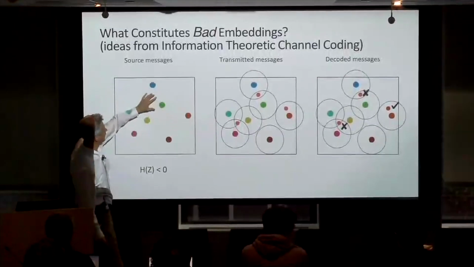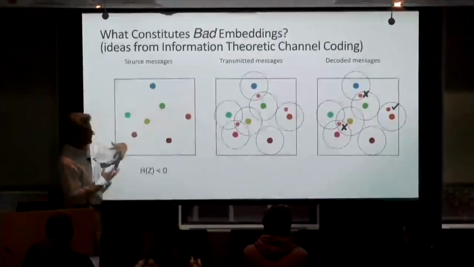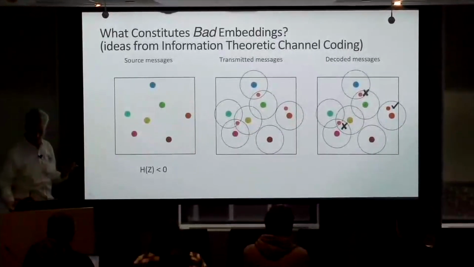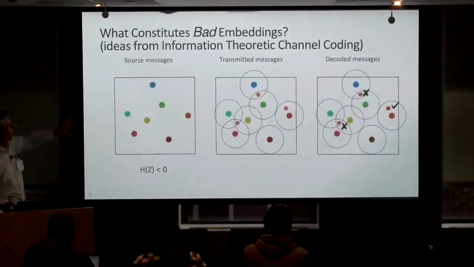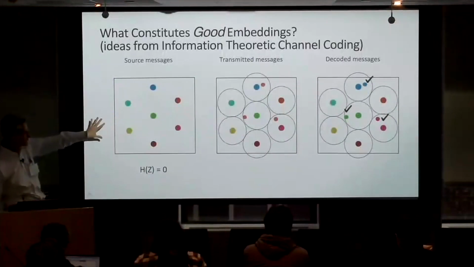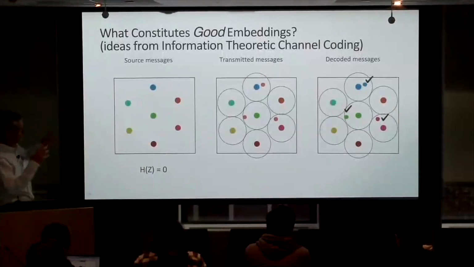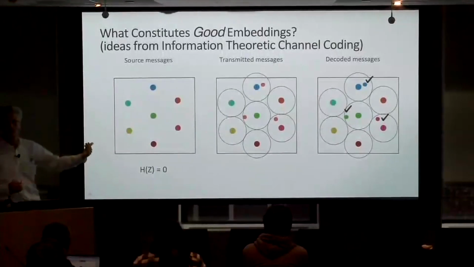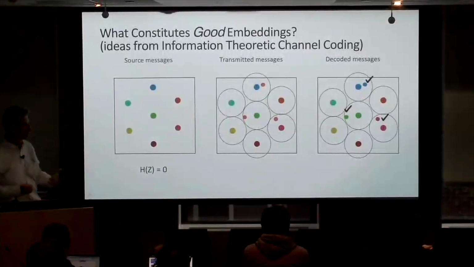I then can't tell whether the source was the green dot or the pink dot because it's equally distant from both of them. So when you're actually trying to build memory systems using information theoretic principles, you want to use points that are as spread out as possible so that you can tolerate the most noise and still recover the original signal that's being stored.